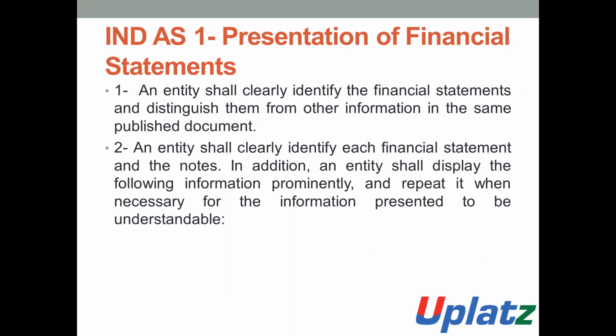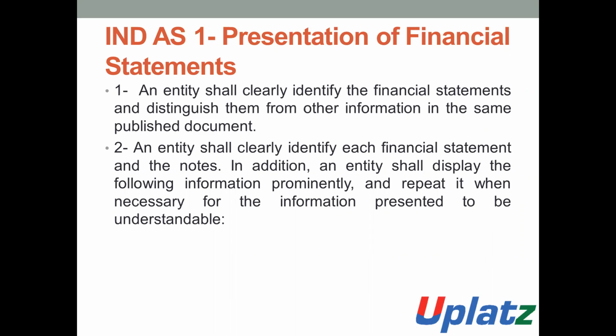An entity shall clearly identify its financial statement and distinguish and separate it from other information. An entity shall clearly identify each financial statement and notes. In addition, the entity shall display the following information in its financial statement, which are understandable.